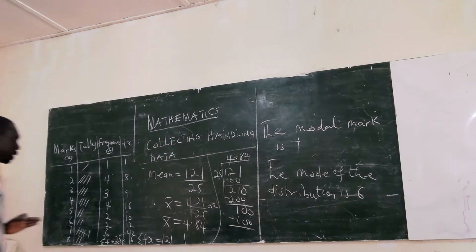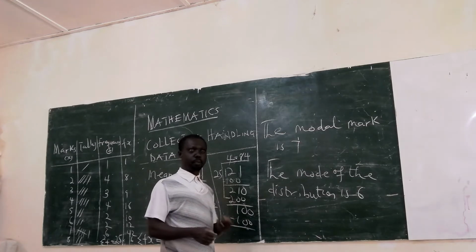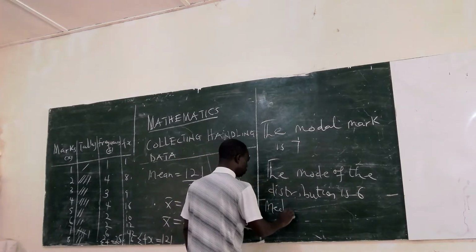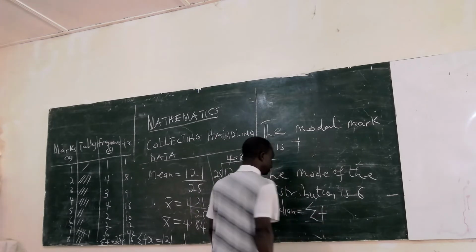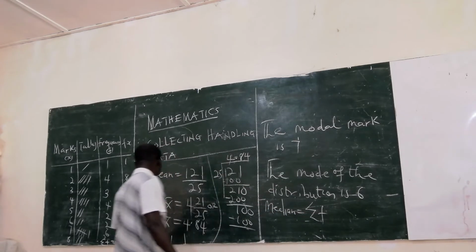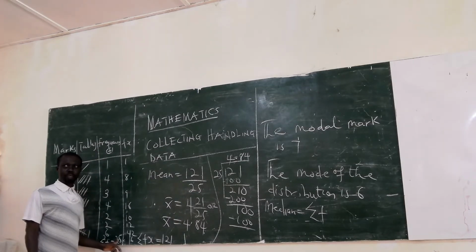So let's find the median mark using the table. The median mark is equal to sigma F, the total frequency, and the total frequency is an odd number, a number that cannot be divided by 2.